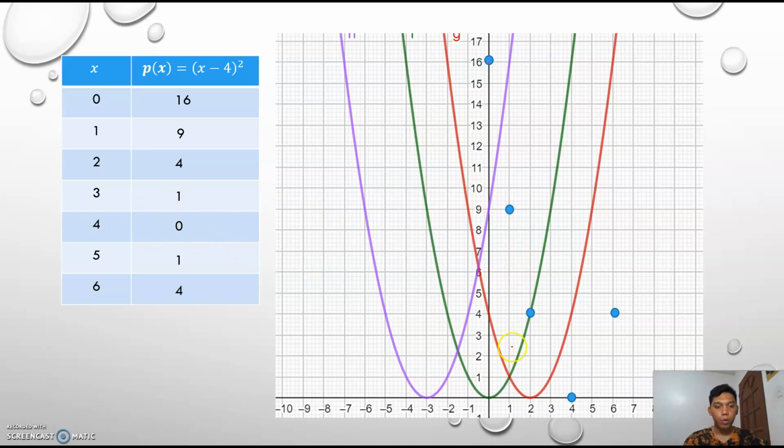I missed some points, so it's 4, 0, and then we have 6, 4. We also have 3, 1 here, and 5, 1 down here. If we connect those dots, the image will look exactly like this.